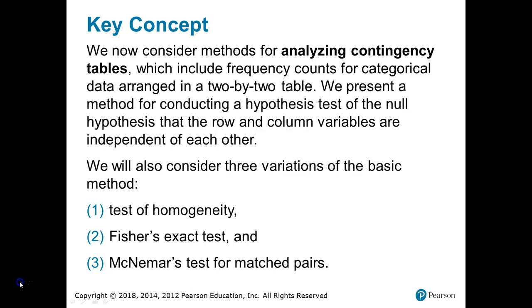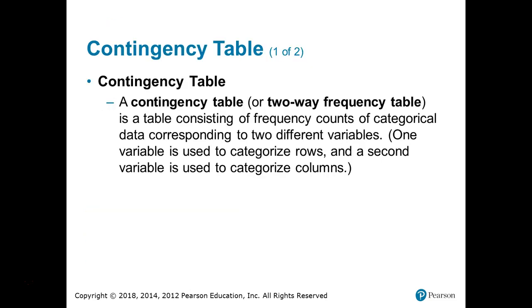In simpler terms, we have sets of data, and from those sets we are going to analyze how independent or how dependent and related they are. We are going to be doing three different methods: test of homogeneity, Fisher's exact test, and McNemar's test for matched pairs.